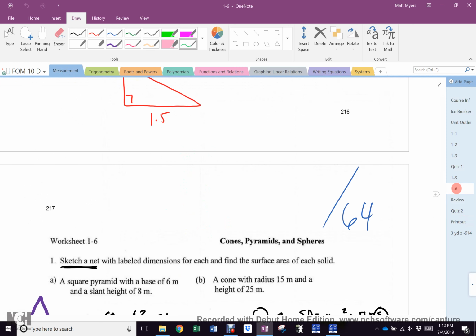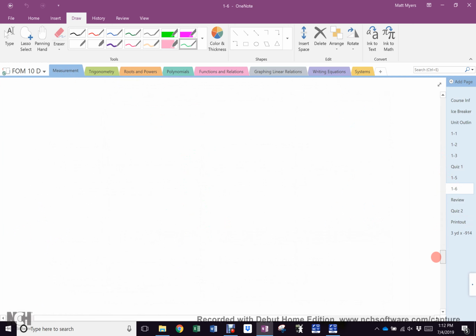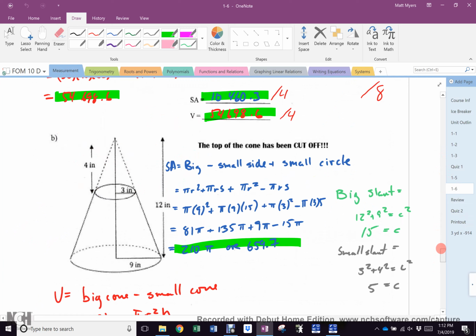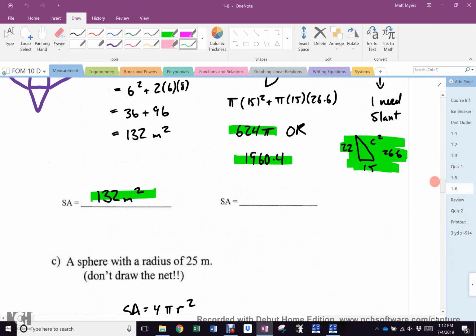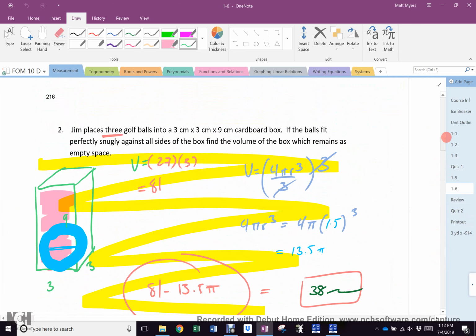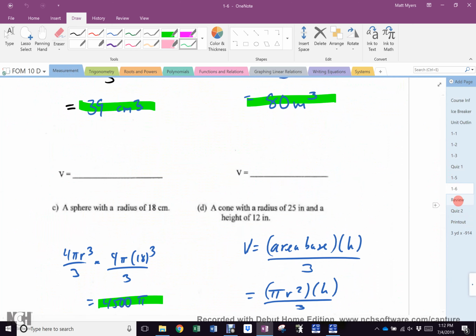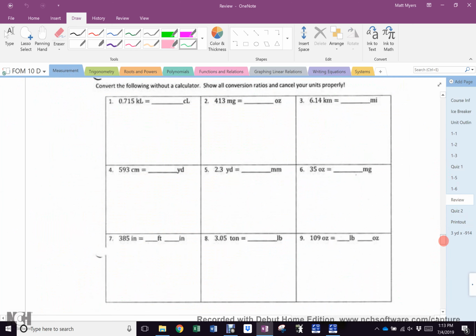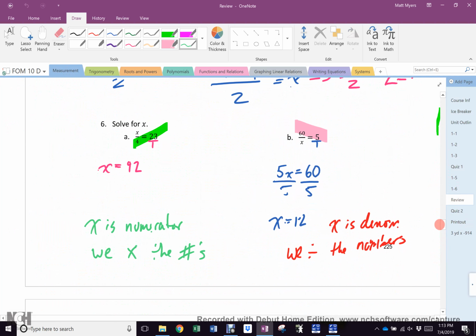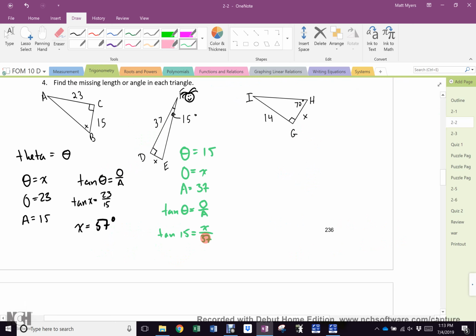I don't even need to show you, but I'm going to anyway. When the number was on the bottom, we multiply. So what are we doing in this one? Numbers on the bottom, so we are going to multiply.